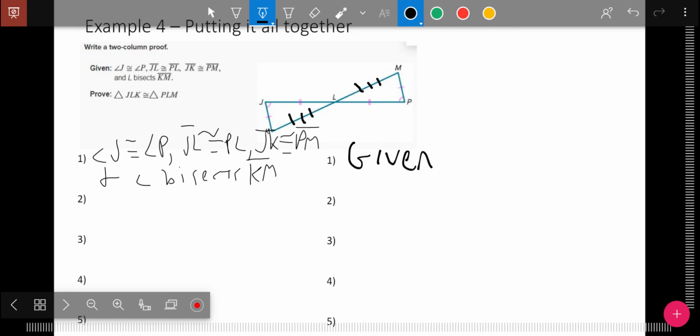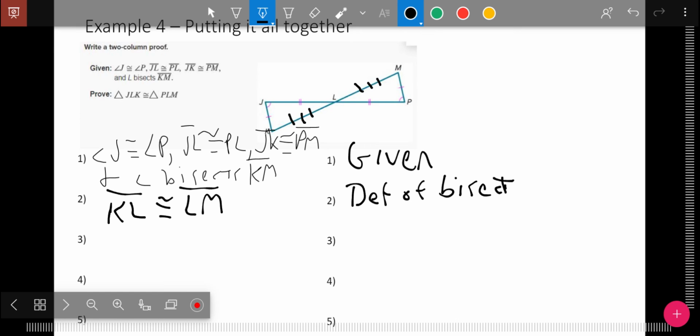I'm using 3 tick marks because I've already used 1 tick mark and I've already used 2 tick marks. And so now I need to say that down here. I want to say KL is congruent to LM because that's what bisect meant. So it's definition of bisect.